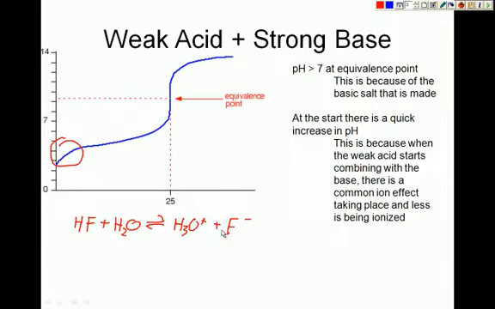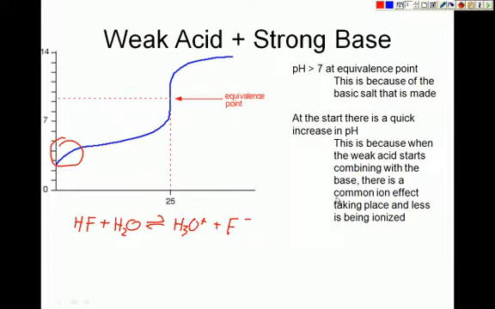If we have an increase in the concentration of fluoride, it wants to prevent some of this from ionizing. And then the OH- builds up, and the H3O+ decreases even more. And therefore, we get a really sharp rise at the very beginning.